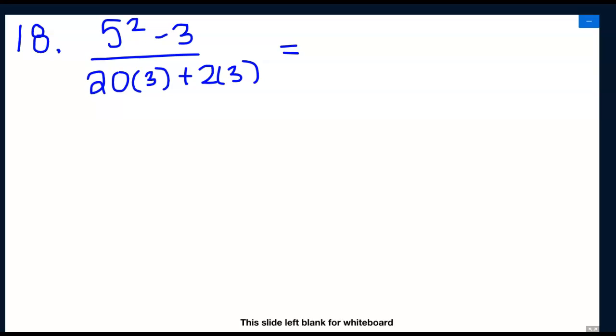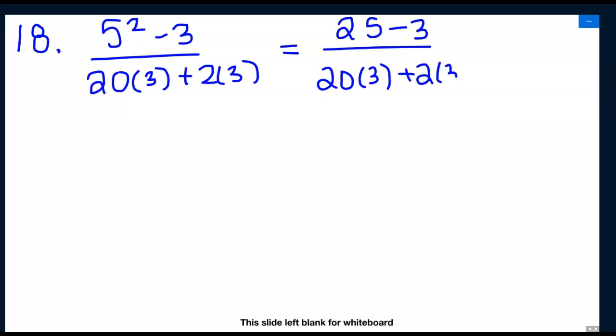So once again, first thing we want to do is simplify the top, and we're going to follow order of operations that say exponents first. So you get 5 squared is 25 minus 3. Getting your top to a final answer, 25 minus 3 is 22.